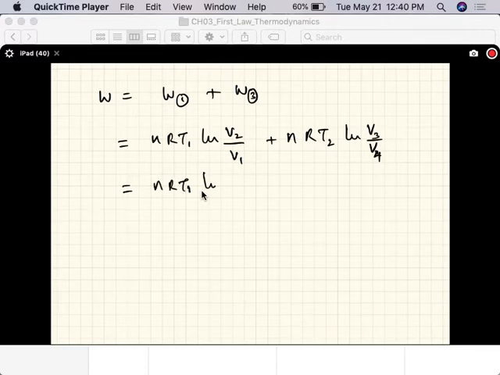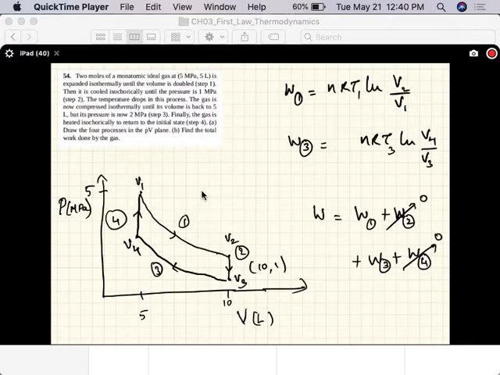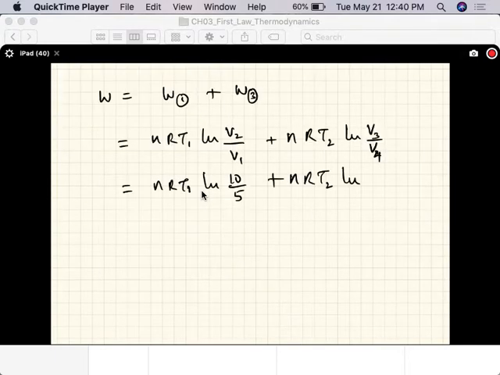nRT1 log 10 over 5 plus nRT2 log 4 over 3. You guys understand that? I'll write it in 2 steps.